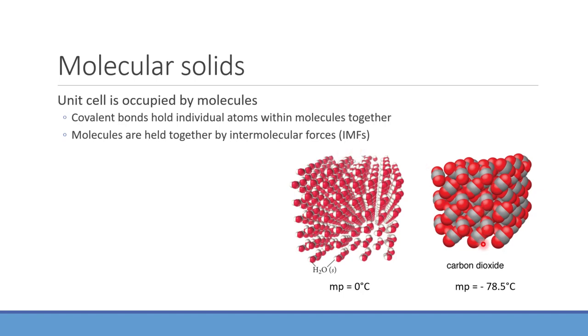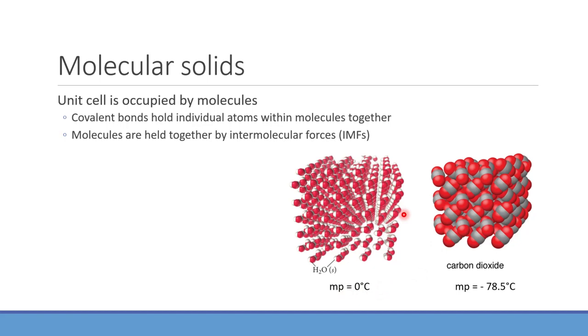And if we look here, we see that we have these two molecules, and carbon dioxide compared to water, they are both small. Carbon dioxide is actually a little bit heavier. It has a higher molecular weight. Yet the melting point of carbon dioxide is minus 78.5, so pretty close to minus 80 degrees Celsius, whereas the melting point of water, or ice, is 0.